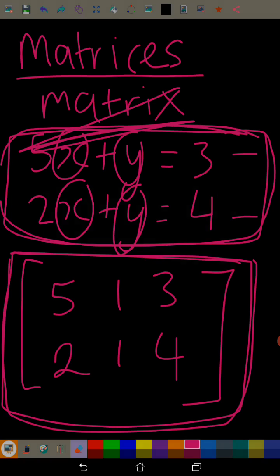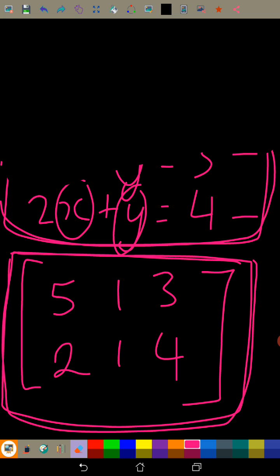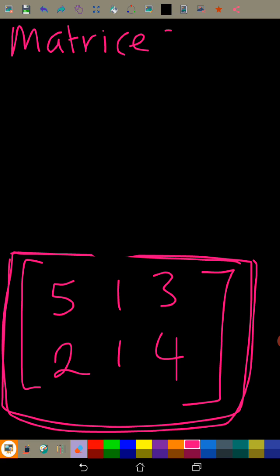Sorry, I need to take the eraser. So what I'm going to write is the simplest definition of what a matrix is. Matrices, if you want the definition, I'll just write it like that.